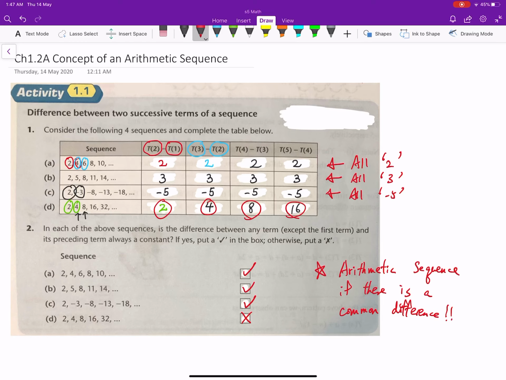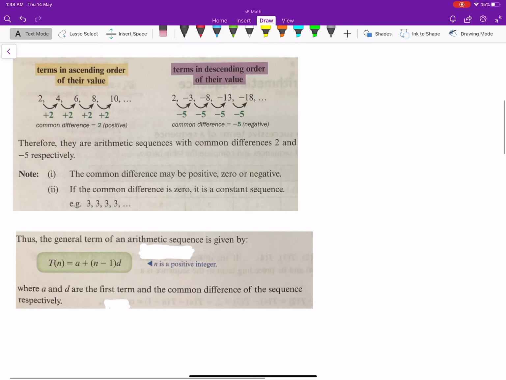It's always equal to the same constant. So in this situation, A, B, and C, these 3 sequences, are all arithmetic sequences, but this one is not. So let's understand more about that.